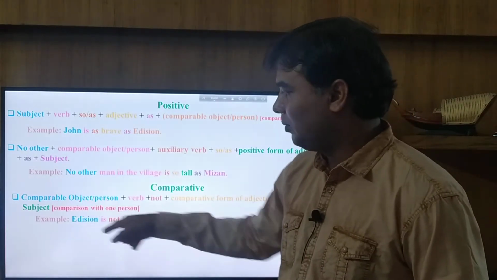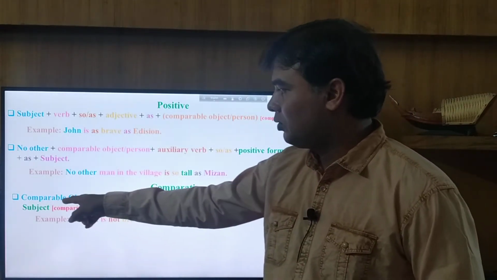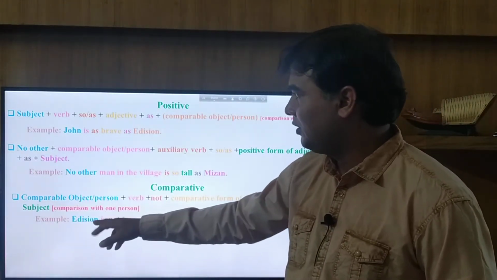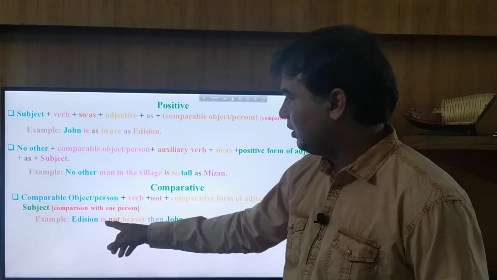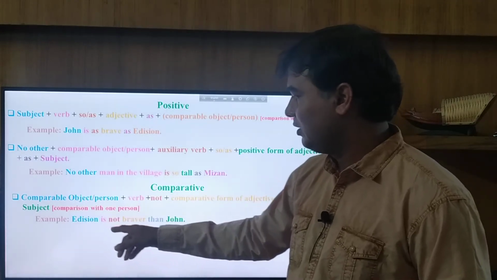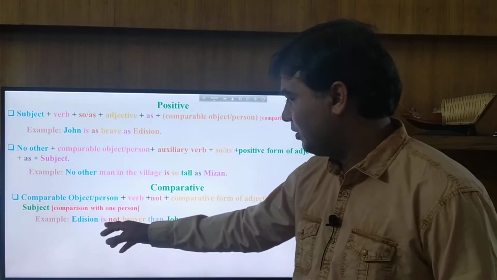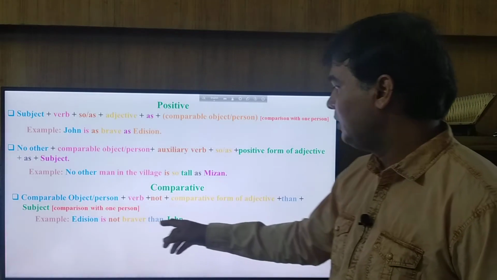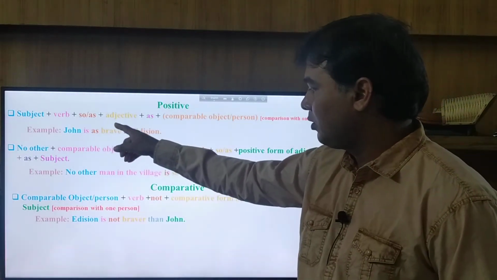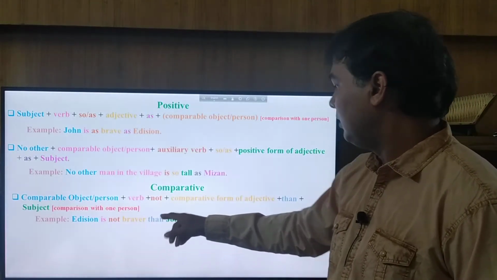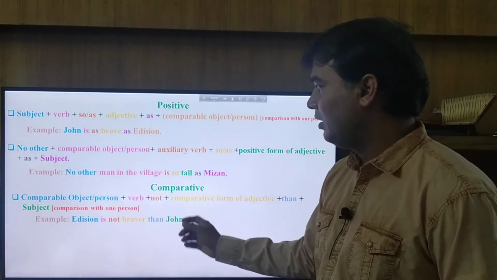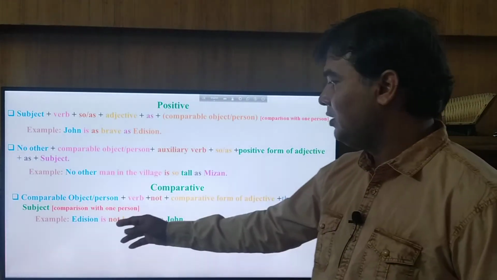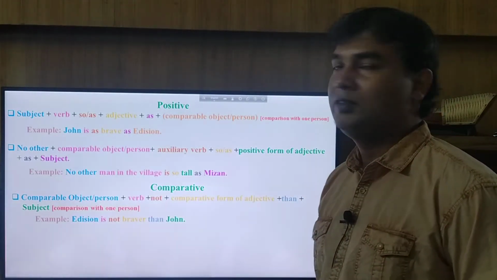Now I am converting it into comparative form. So comparable object or person Edison, then auxiliary verb "is", or sometimes it may be main verb, then "not", then comparative form of adjective, brave, comparative form braver, then "than", and then subject John. So the answer is: Edison is not braver than John.